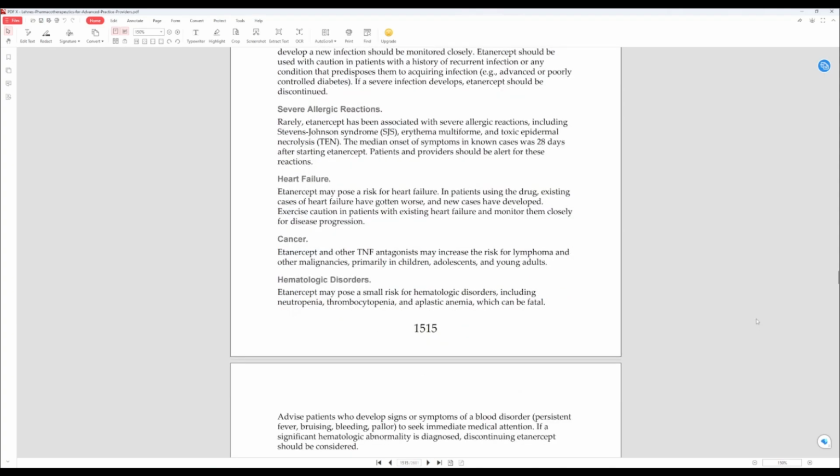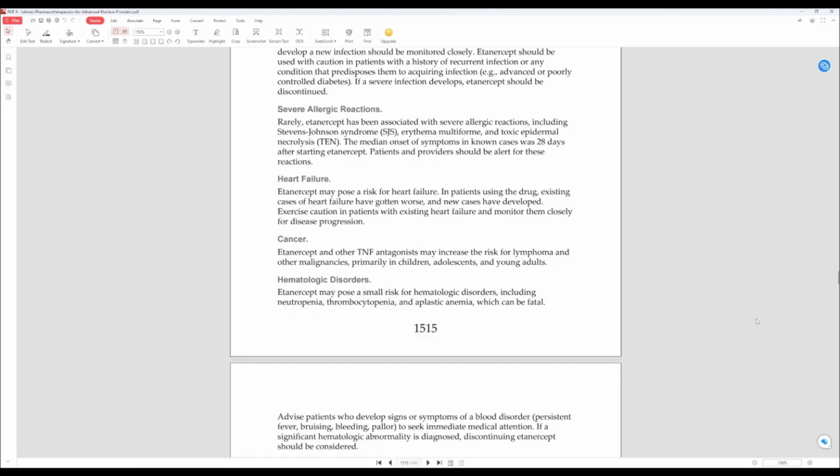Severe allergic reactions. Rarely, etanercept has been associated with severe allergic reactions, including Stevens-Johnson syndrome, erythema multiforme, and toxic epidermal necrolysis. The median onset of symptoms in known cases was 28 days after starting etanercept.